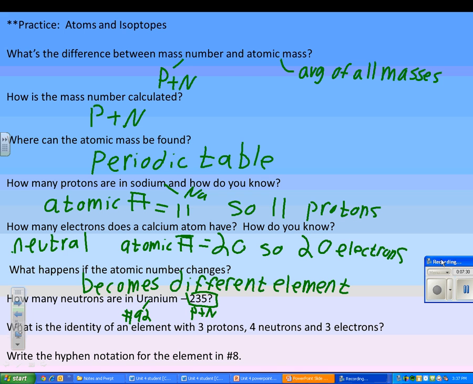We do 235 minus the number of protons to equal the number of neutrons. That equals 143 neutrons.